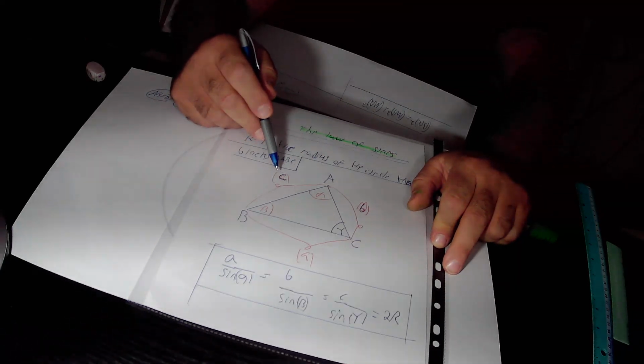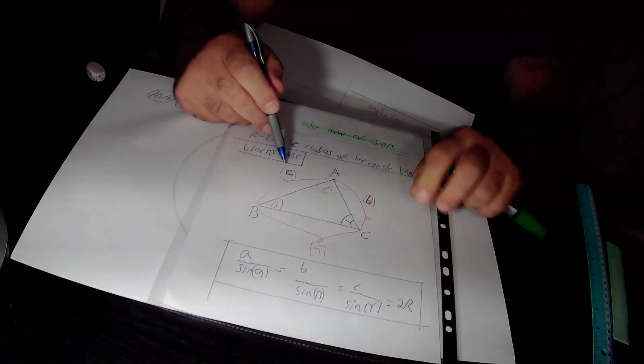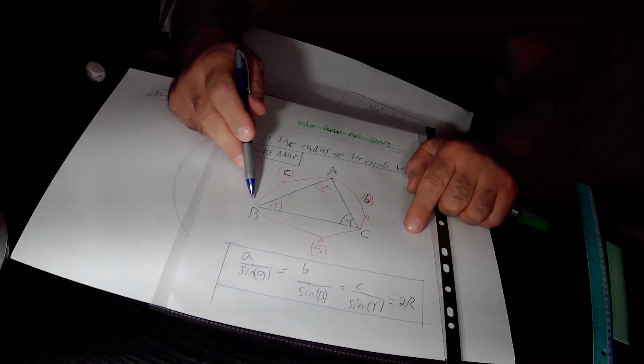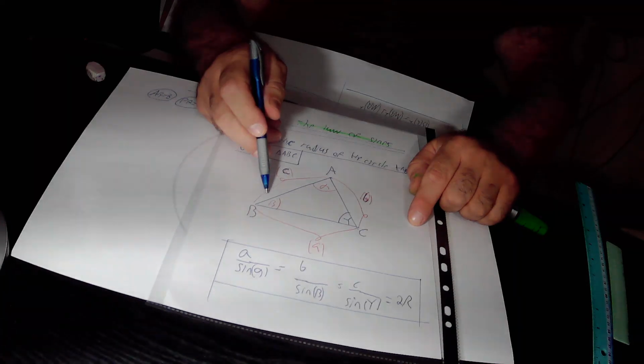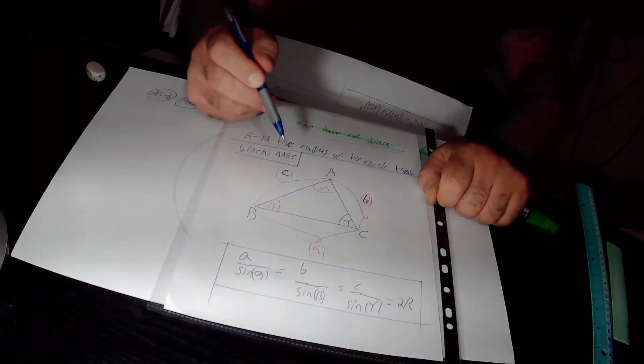Side AB equals C units in length, side AC equals B units in length, side BC equals A units in length. This is angle alpha, this is angle beta, and this is angle gamma.